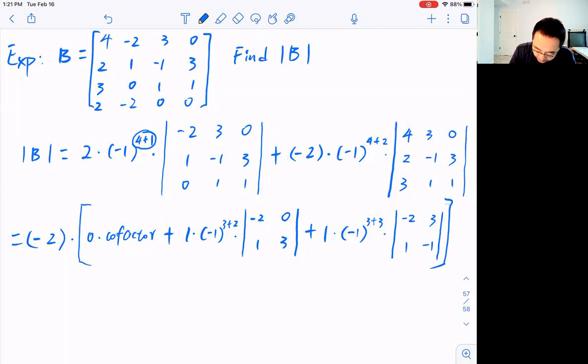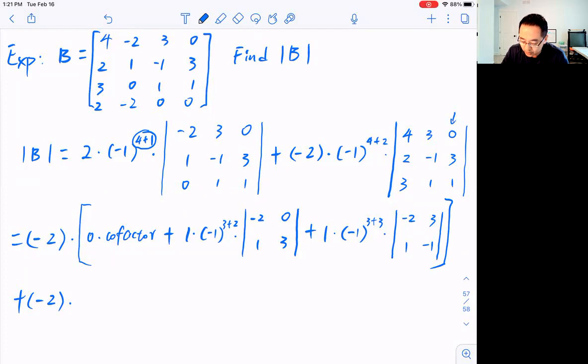So let's do that. This then is plus -2 times -1 raised to the 6th power right here. The 6th power is an even number, so that's +1. So this is +1 times -2, it's still -2, times, now here you can see I have just this 1 and 0 here.